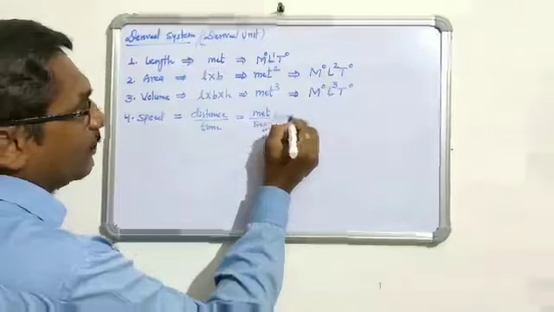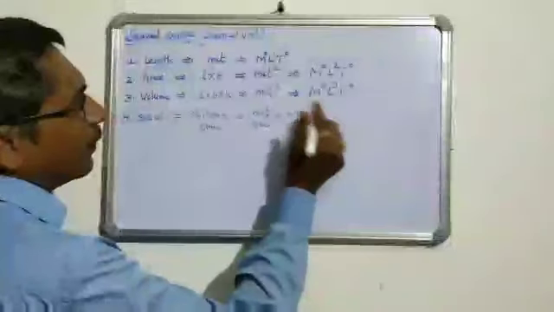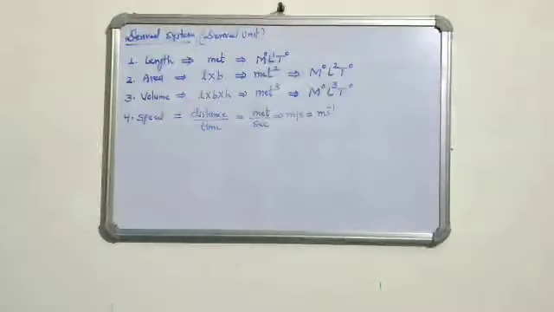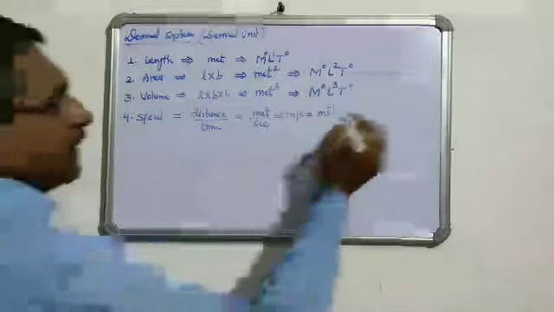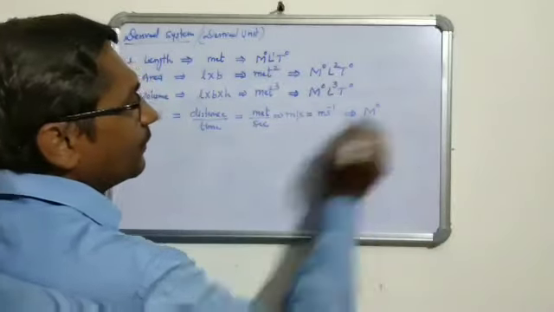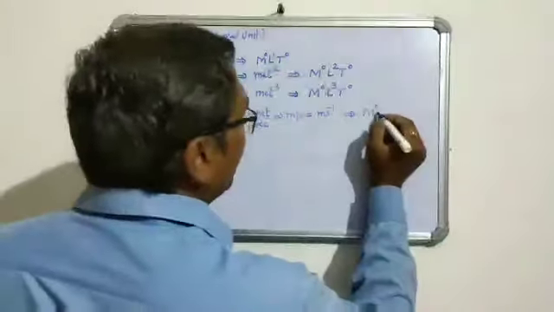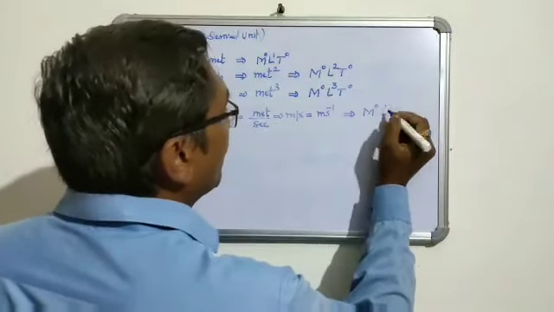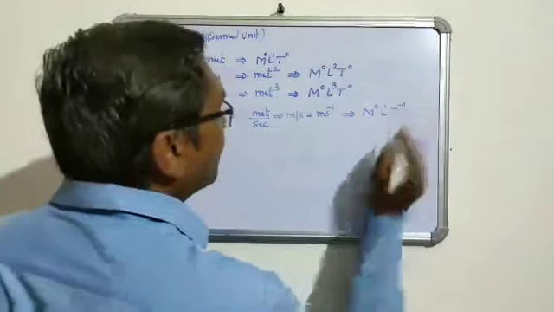So the unit is meter per second or meter second inverse. Then the dimensional formula: there is no mass, so 0. Length is 1 and time is -1.